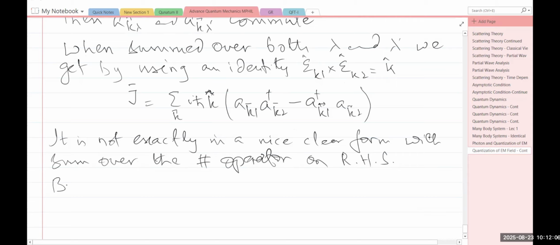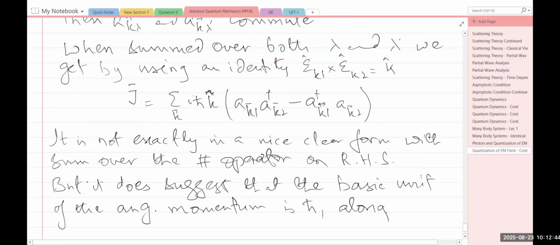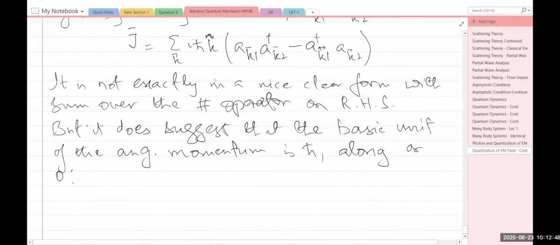But what is suggestive from this, it does suggest that the basic unit of J comes from the h bar of the angular momentum J, which is h bar along or opposite to the direction of propagation of the field, to the direction of propagation of light.